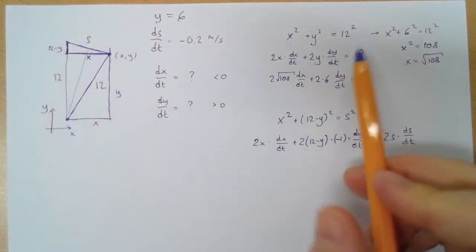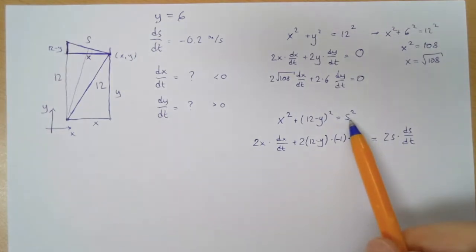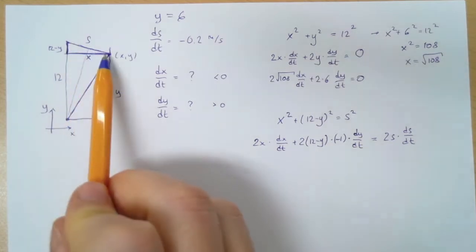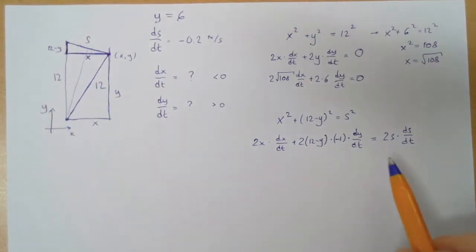Here 12 squared was a number, so the derivative was 0. s squared is not a constant number because s is changing. This length is getting shorter and shorter as the rope is being pulled in, so therefore the derivative is not 0, it's 2s times ds/dt.